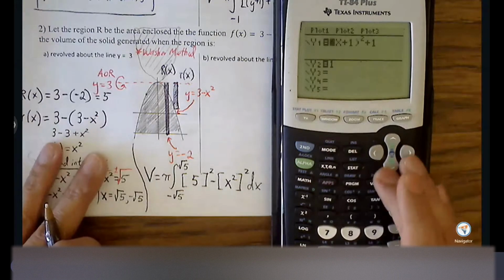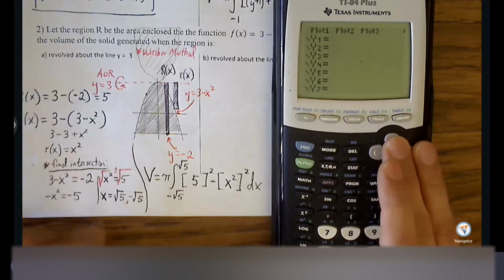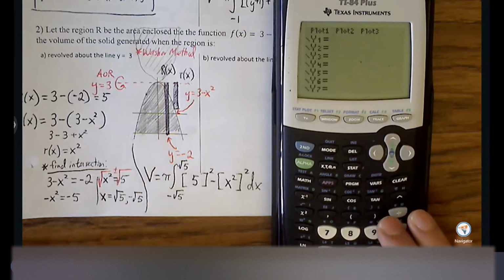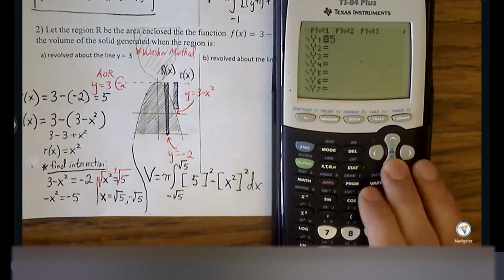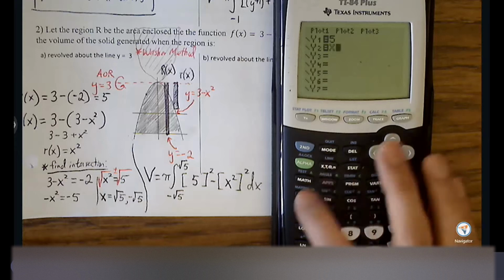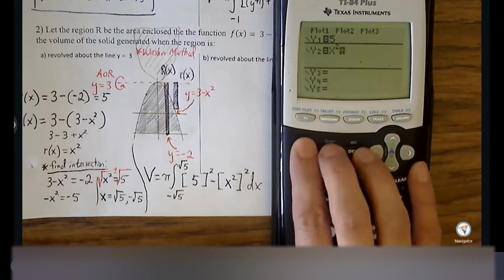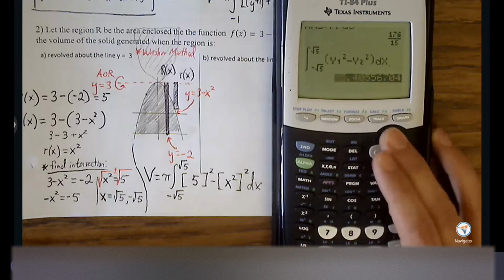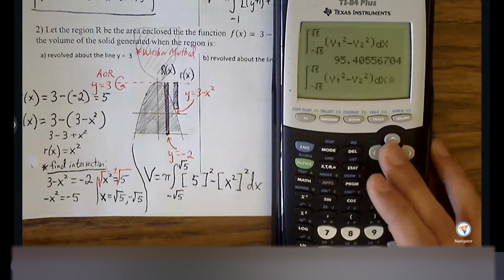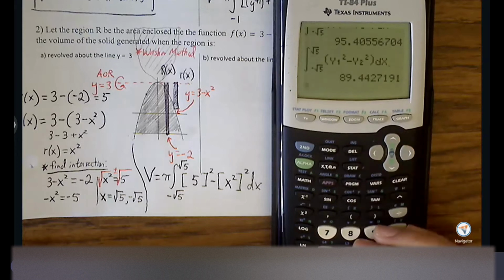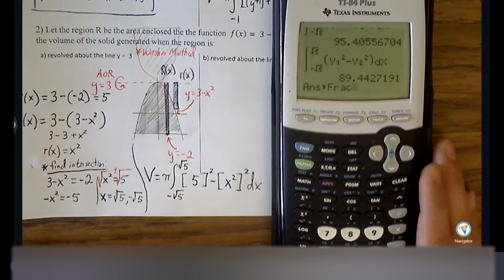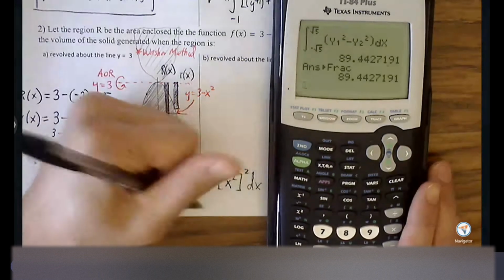Oops, I didn't change my expressions here. So my big radius is 5. My little radius is x squared. Does it convert to a fraction? Doesn't. Okay.